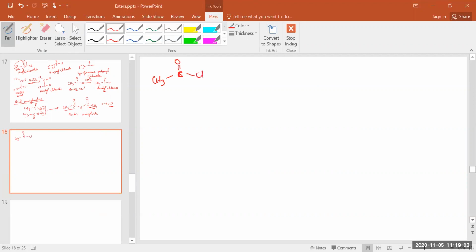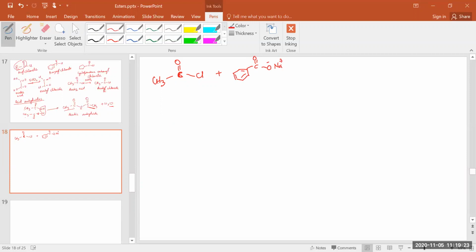Suppose you take acetyl chloride, and you take, I will write the mechanism as well, so everything will go side by side, O minus, what is this one? Sodium benzoate.